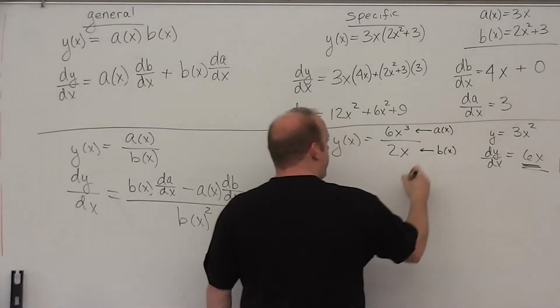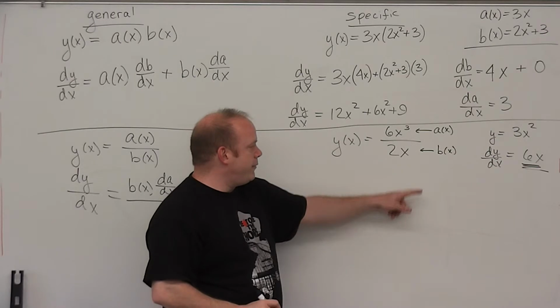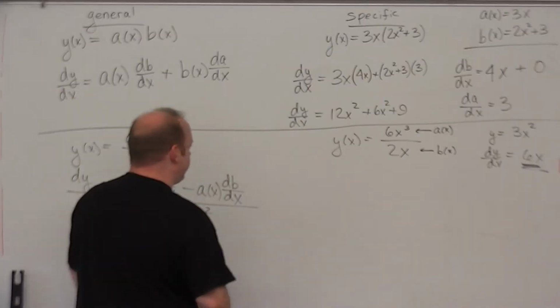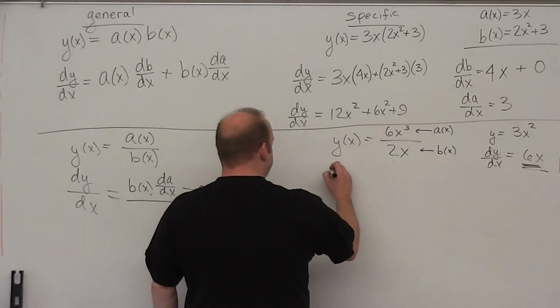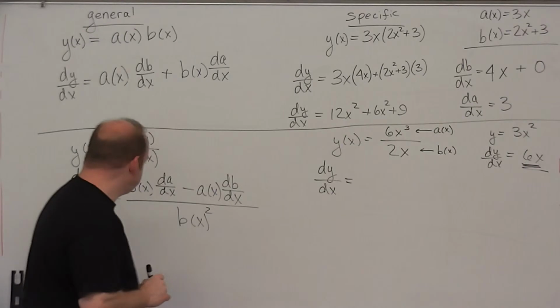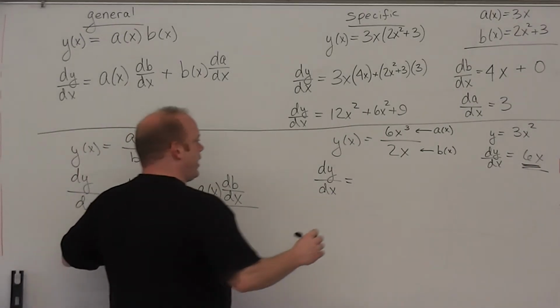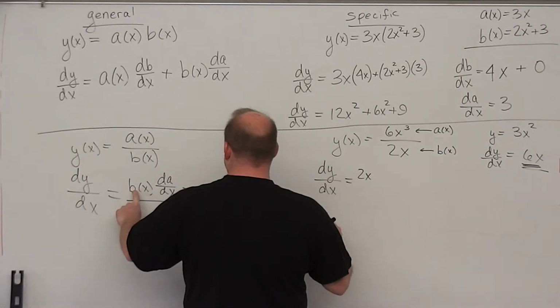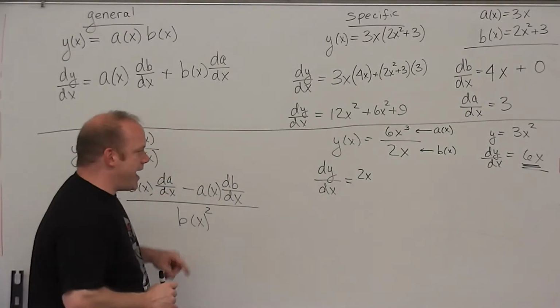Thank you. So my a of x is going to be 6x cubed. My b of x is going to be 2x. So now dy/dx will equal b of x, which is 2x, times the derivative of a of x.